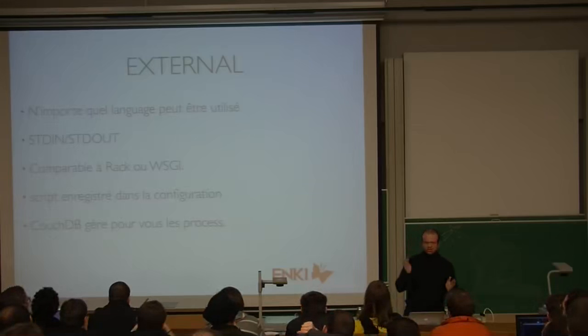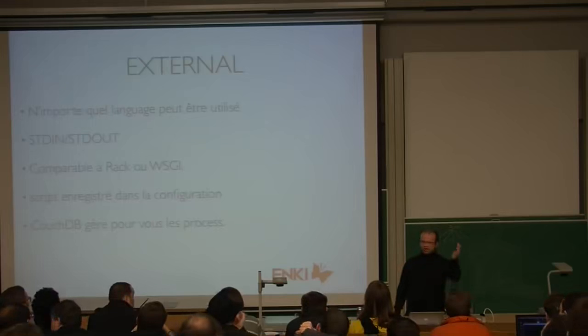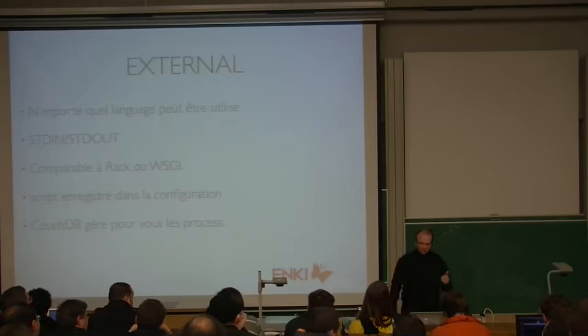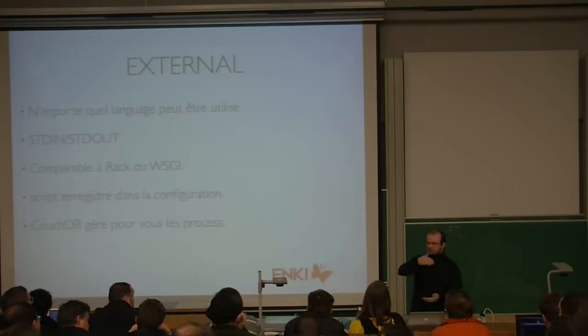They just get standard input and standard output from the system. In fact, CouchDB will send to your script, made in Java, Perl, Python, Ruby, whatever, a JSON. You read the JSON, and you send back a string or another JSON to make an action.